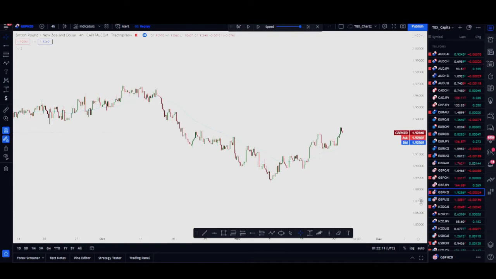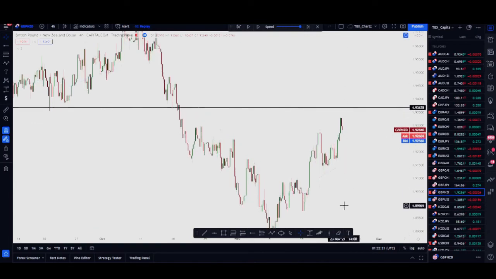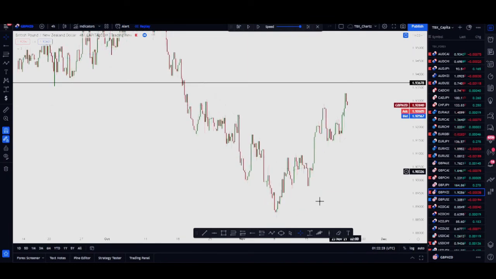There is a break of structure, and where is the break of structure? You find out that this has been coming down. Then there was something like this. Price made a lower low, lower high, lower low. Then we had a higher high.